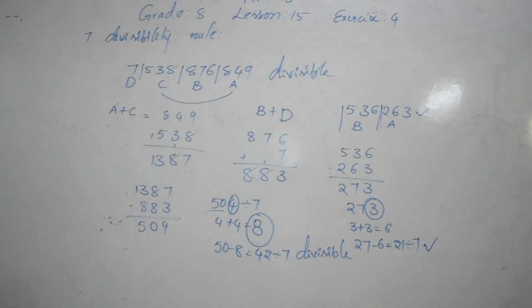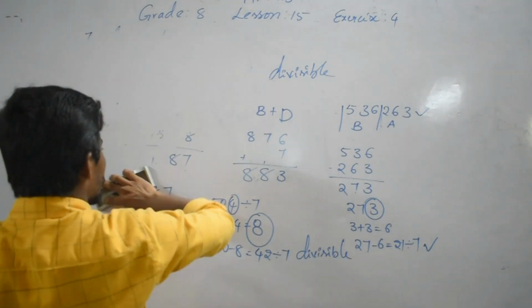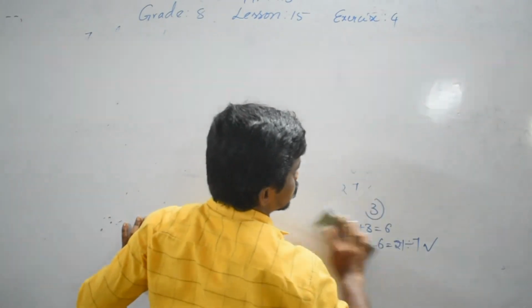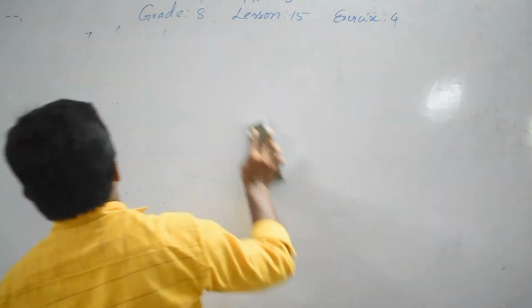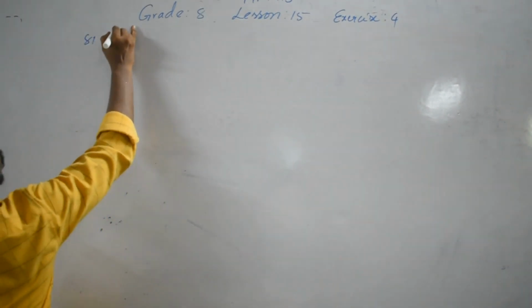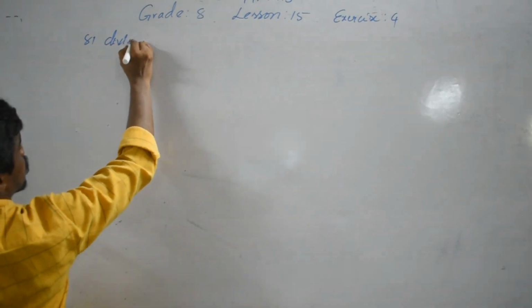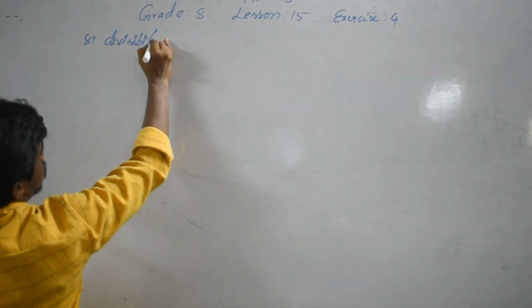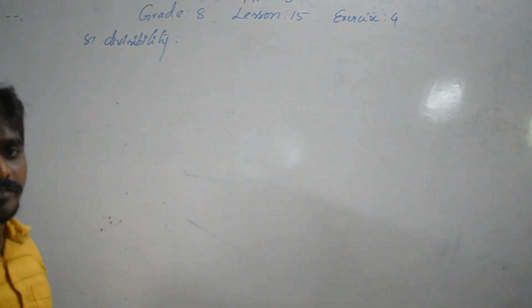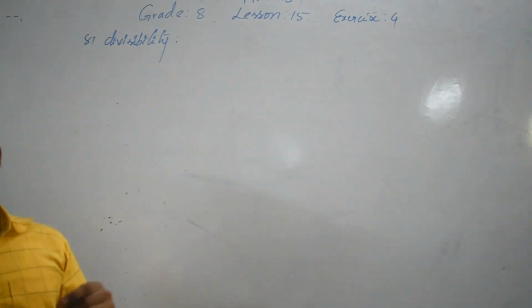Next, what is the 9 divisibility rule? What is the 3 divisibility rule? We know the 9 divisibility rule and the 3 divisibility rule.